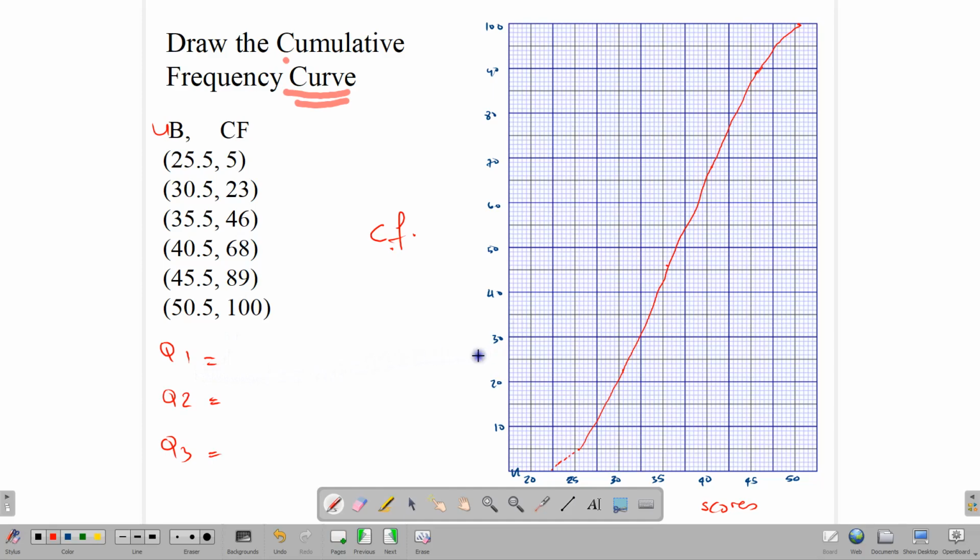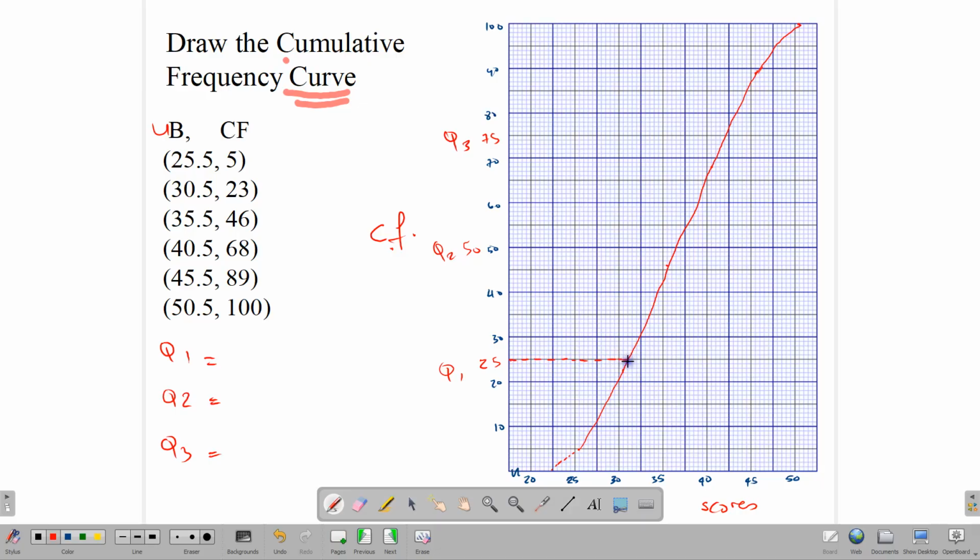Q1, this one is easy for us because we have 25, we have 50, we have 75, and these correspond to our Q1, our Q2, and our Q3. What we need to do now is, from this line, go over to your curve, and you want to use a broken line.